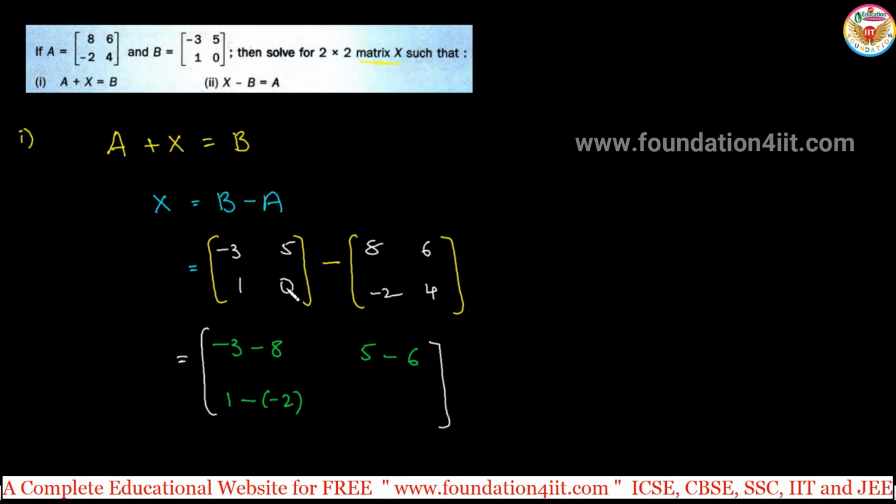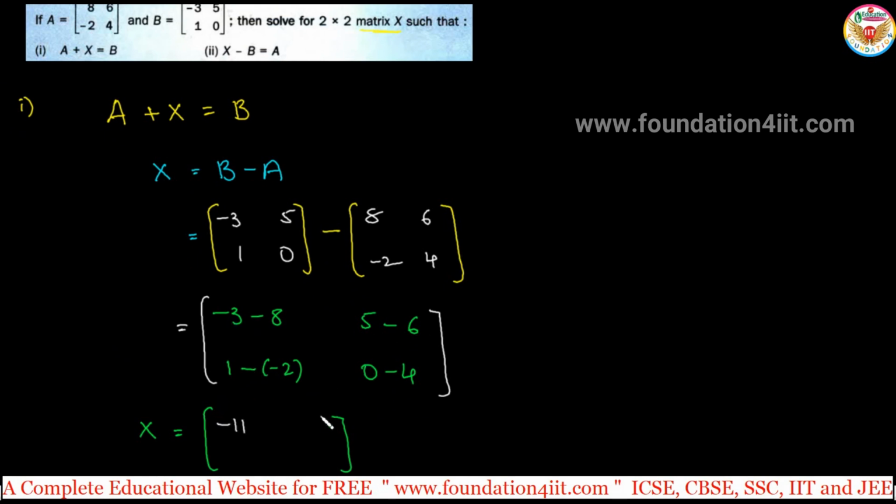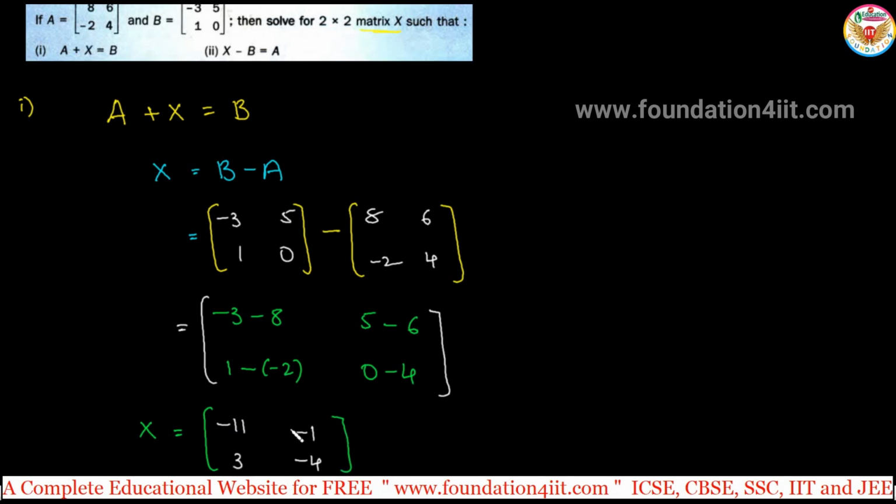Then 0 minus 4. Simplifying, the X matrix is minus 3 minus 8 is minus 11, 5 minus 6 is minus 1, 1 minus minus 2 is plus 3, 0 minus 4 is minus 4. This is the matrix X.